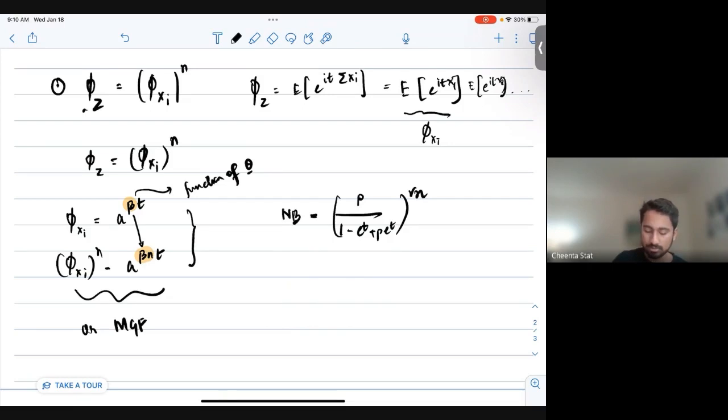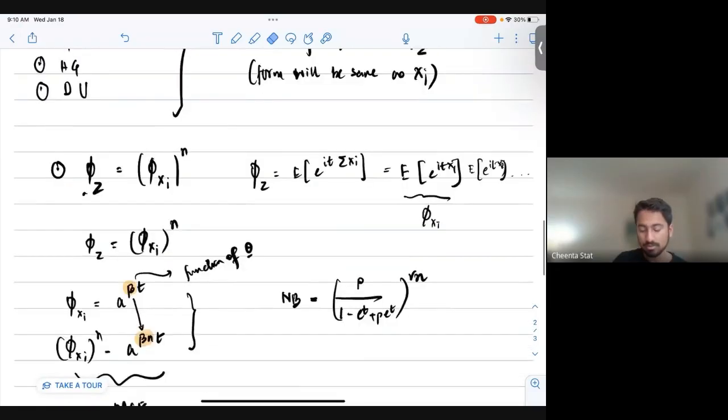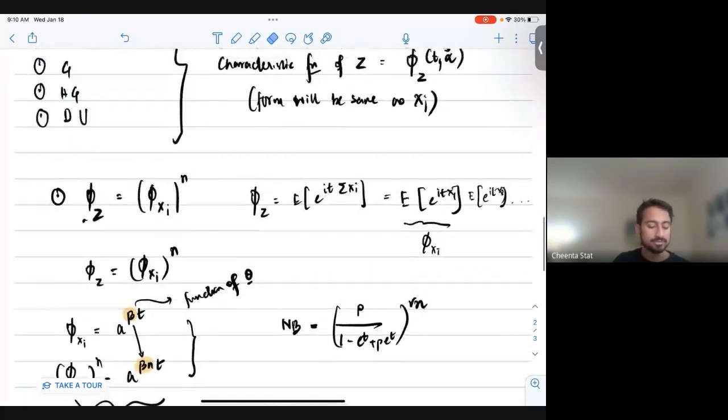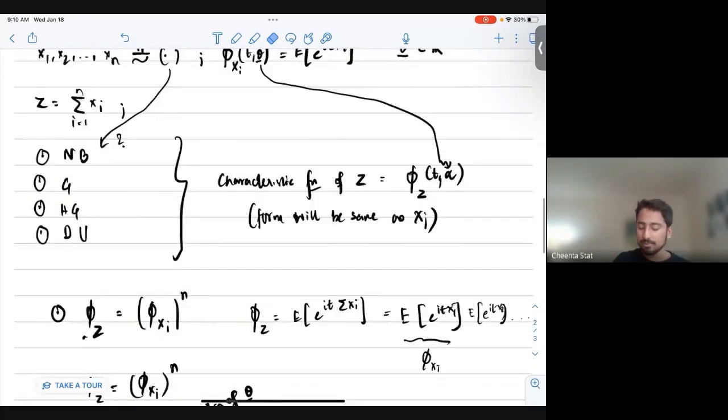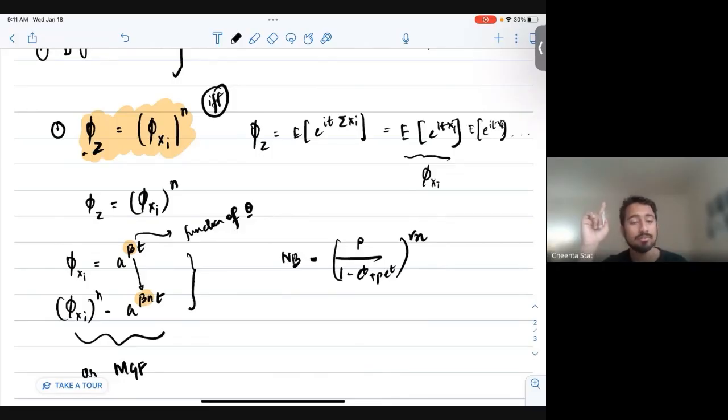So essentially what this means is that it will be the same format if and only if. Can someone tell me if and only if?